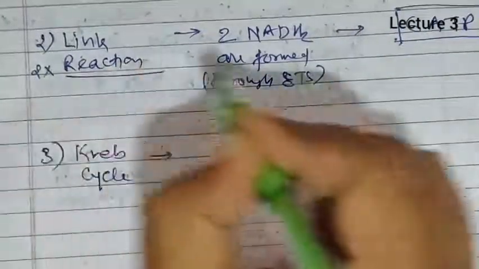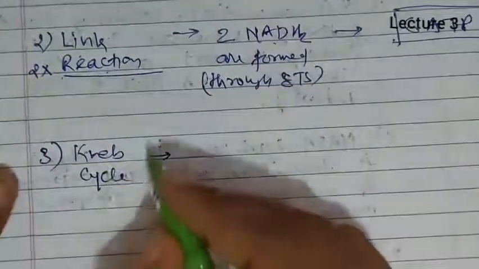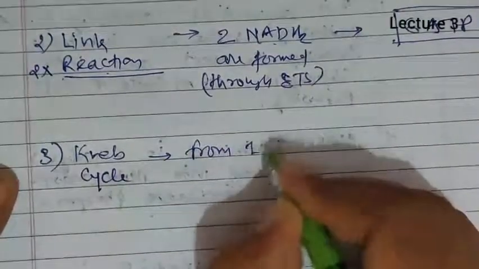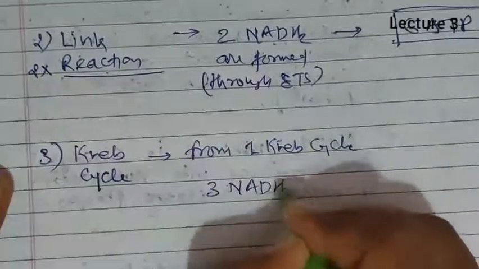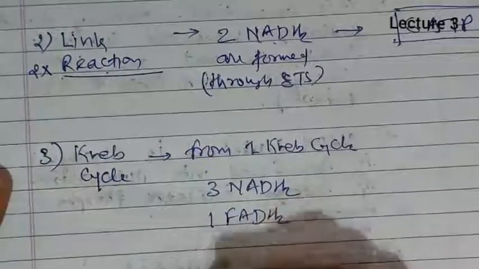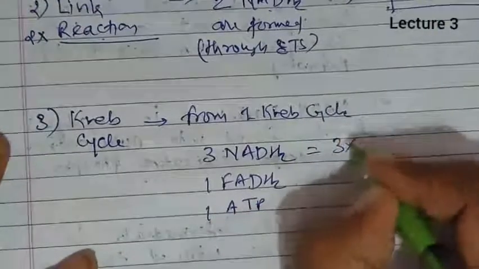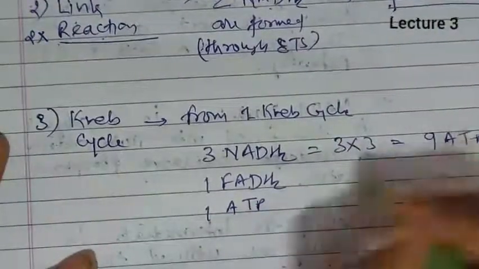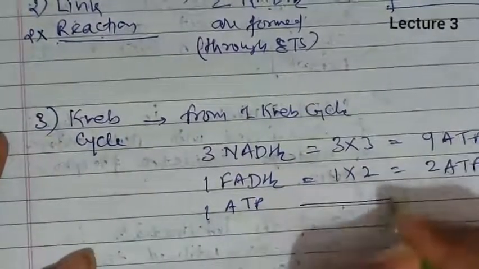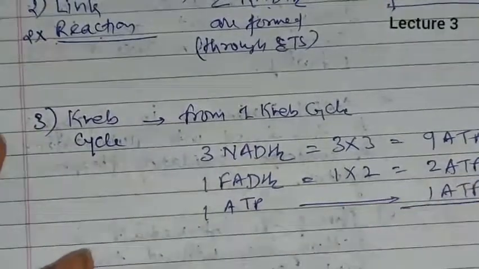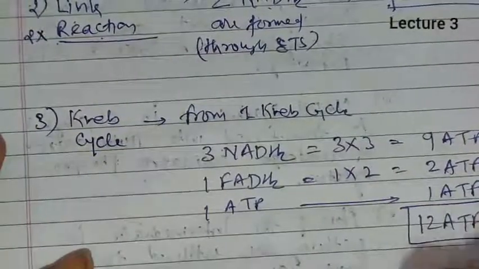Now in one Krebs cycle, 3 NADH2, 1 FADH2 and 1 ATP are obtained directly. 3 NADH2, so 3 into 3, 9 ATP. 1 FADH2 gives 2 ATP, so this is 2, and this is 1 ATP which is obtained directly. So a total of 12 ATP are obtained from 1 Krebs cycle.